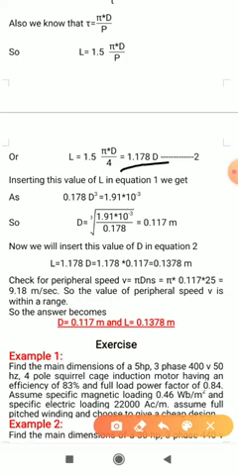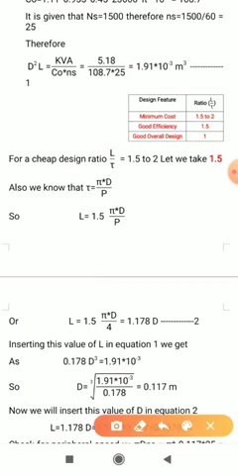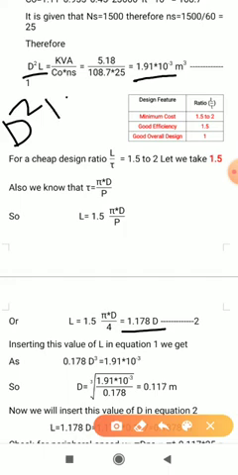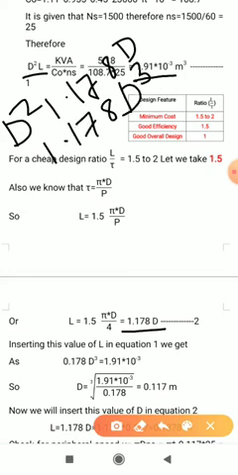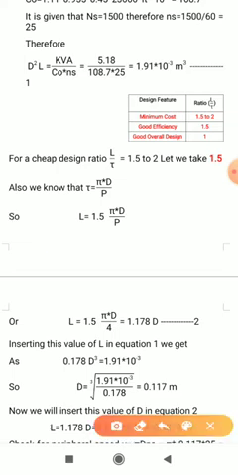And now this value of the L, 1.178 D, we will put in the equation of the D square L here. So as we already know, the D square L is equal to 1.91 into 10 to the power minus 3, and if you put here L is equal to 1.178 D, this becomes D square into 1.178 D. So this together becomes 1.178 D cube, which is equal to 1.91 into 10 to the power minus 3.